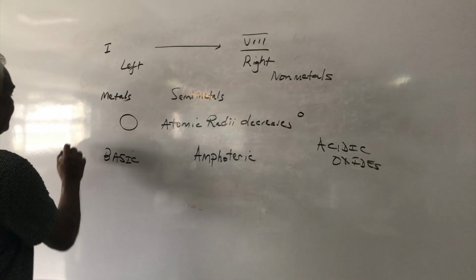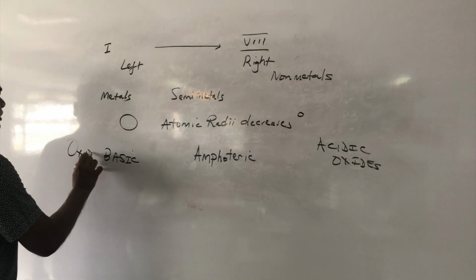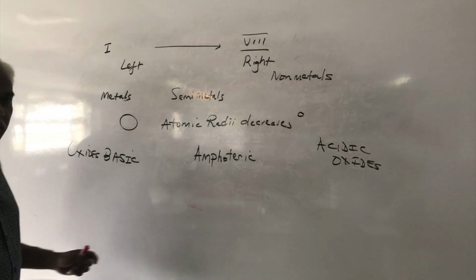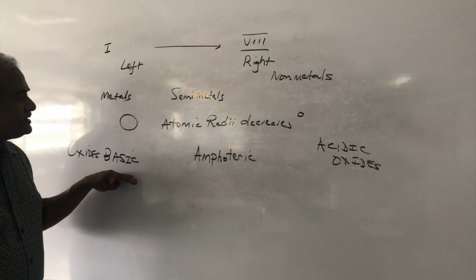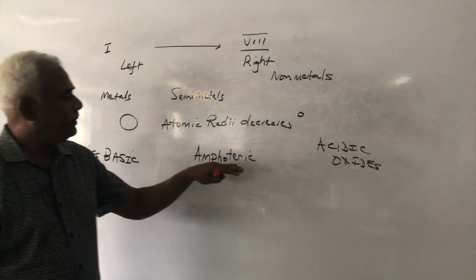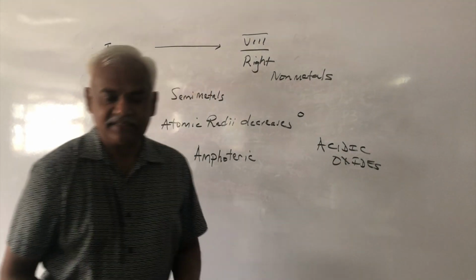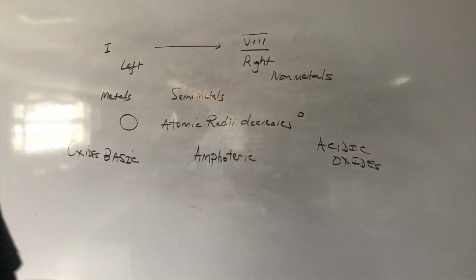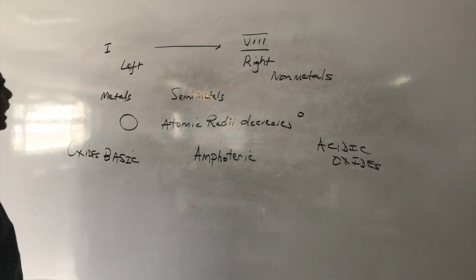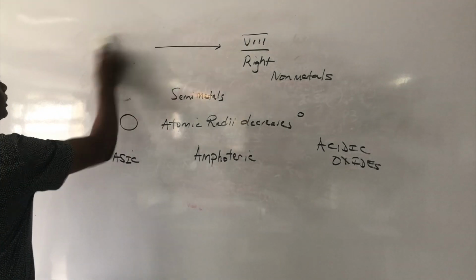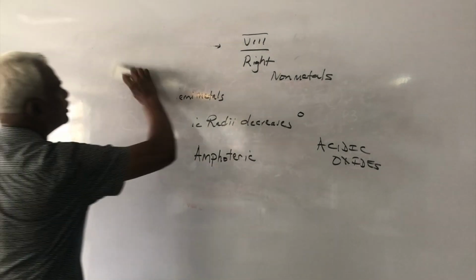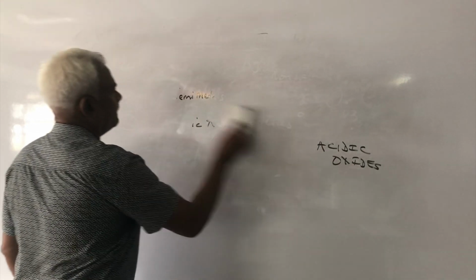The type of oxides will vary. The metallic group, basic, the semi-metallic group, amphoteric, and the non-metals, acidic oxides. All right. Now, we must consider something else with respect to trends.